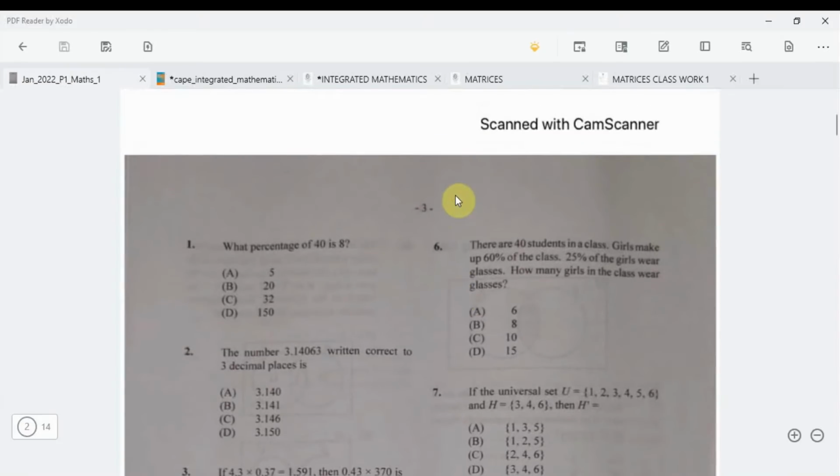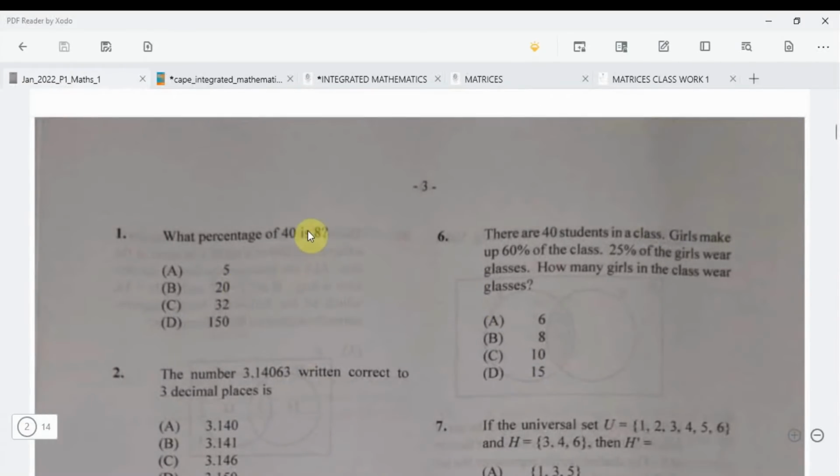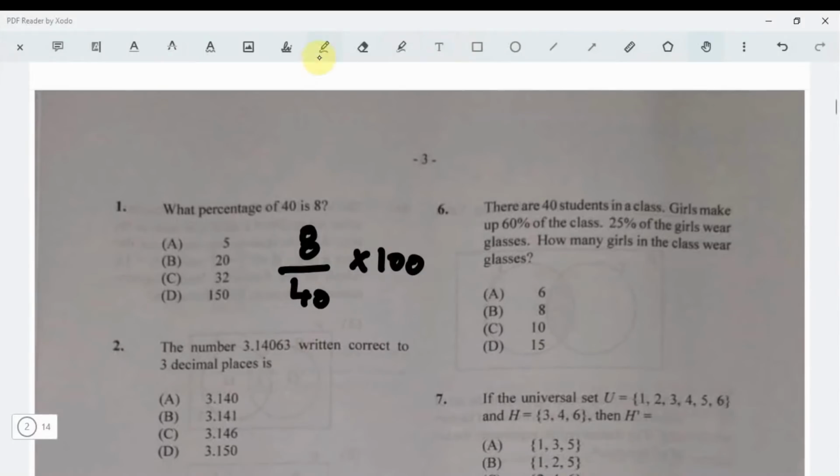So the first question says, what percentage of 40 is 8? What you're going to do is put 8 and divide it by 40, then multiply by 100. Alright, so we're going to evaluate this.